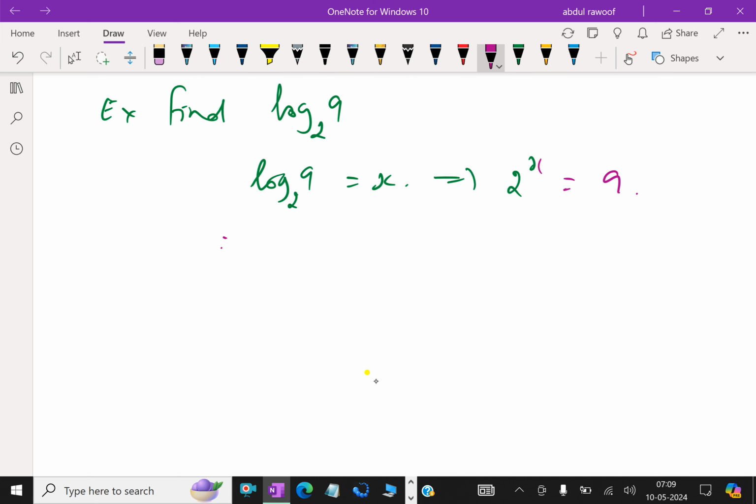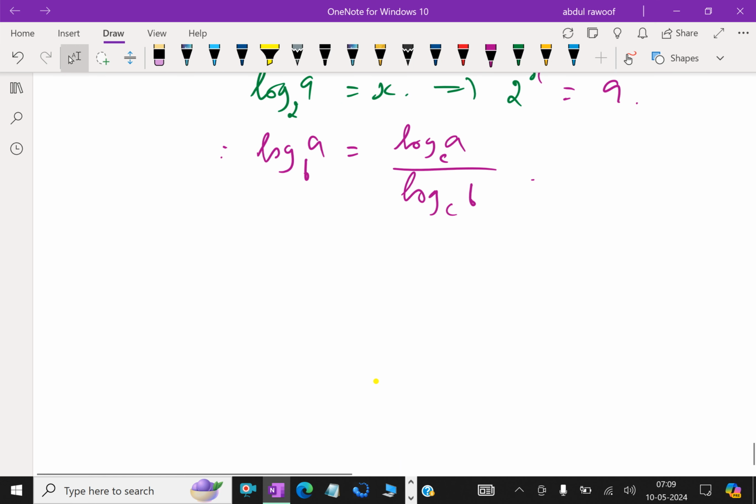Therefore, you can say log a base b, the formula, log a base c over log b base c.